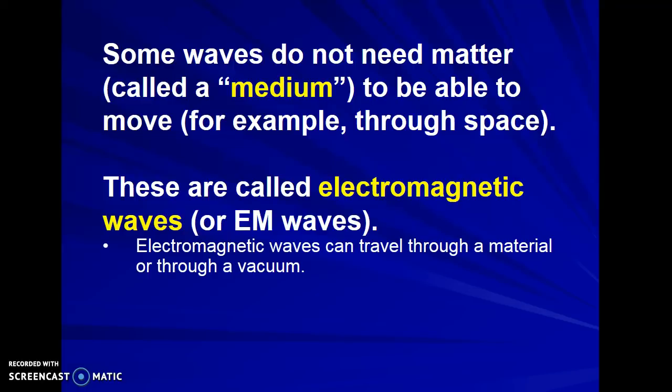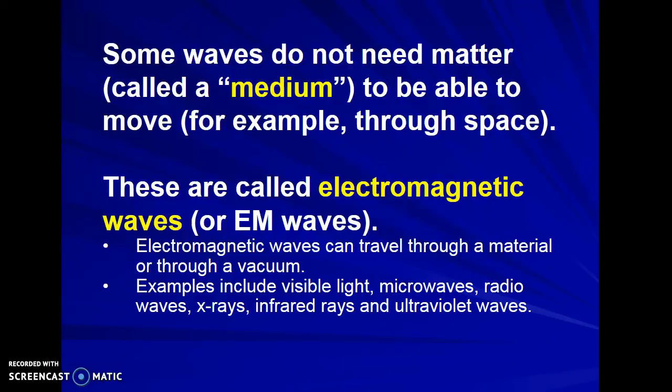Electromagnetic waves can travel through material, so they can travel through the air, through water, through some solids, or through a vacuum. And that's what allows electromagnetic waves to travel through empty, open space, up in space.